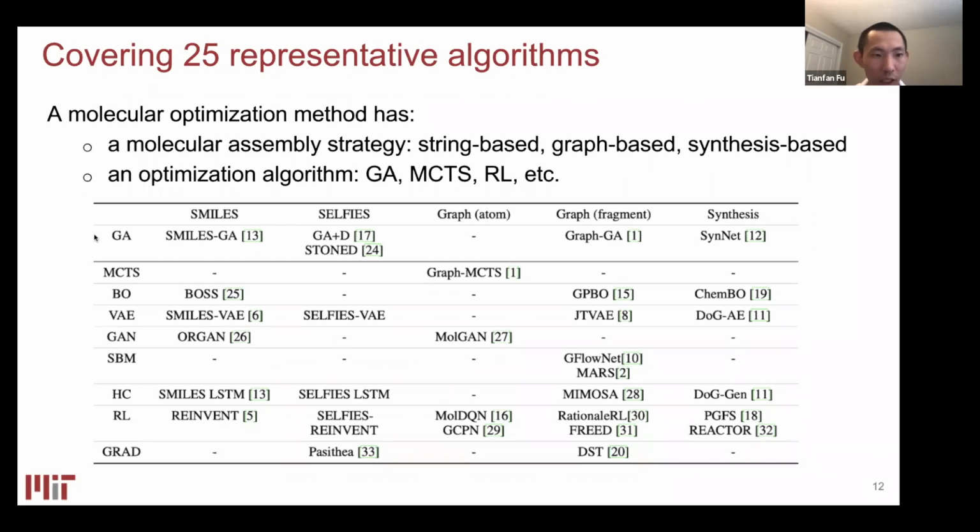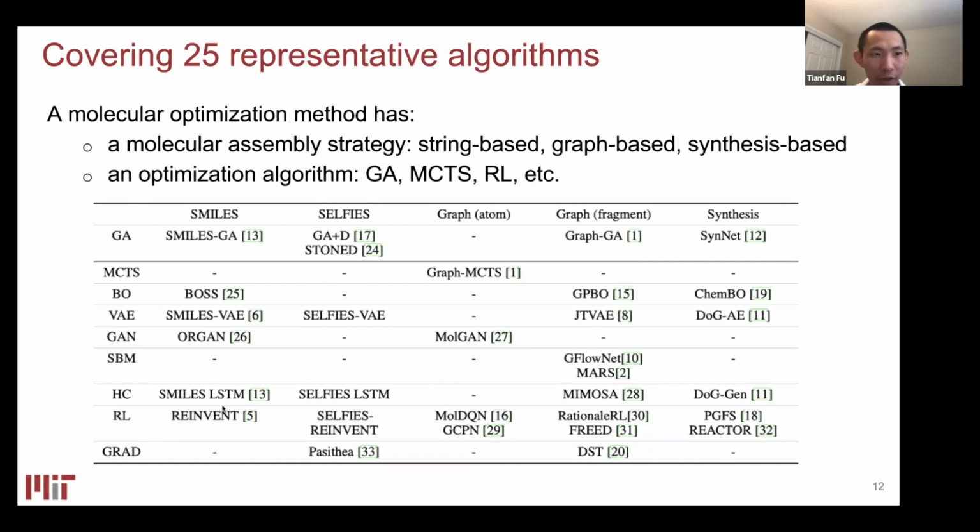For example, genetic algorithm, GA, Monte Carlo tree search, MCTS, Bayesian optimization, BO, variational autoencoder, VAE, generative adversarial network, GAN, score-based modeling, SBM, hill climbing, HC, reinforcement learning, RL, and gradient ascent, GRAD.